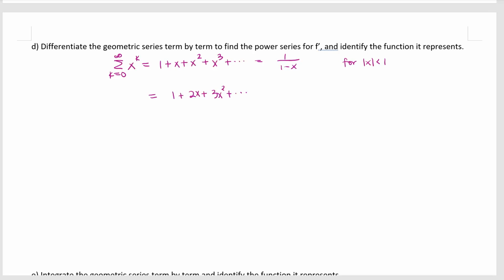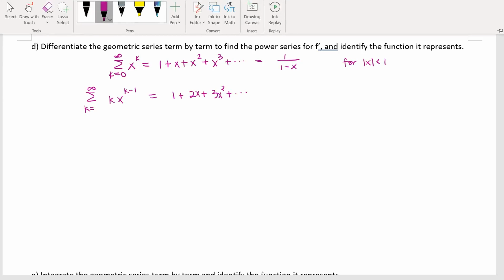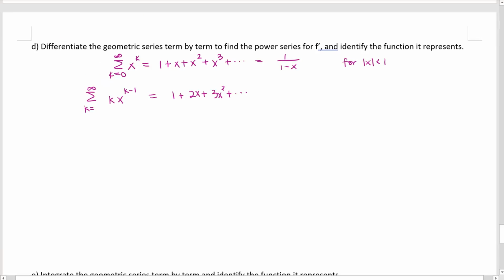Okay, so how do we differentiate this series? It's still k to infinity, but when we differentiate x to the k, it becomes k x to the power of k minus 1. So this is what we get. The only thing that we're not certain of is what k starts with. So how do we figure out this number? Well, look at the first term.